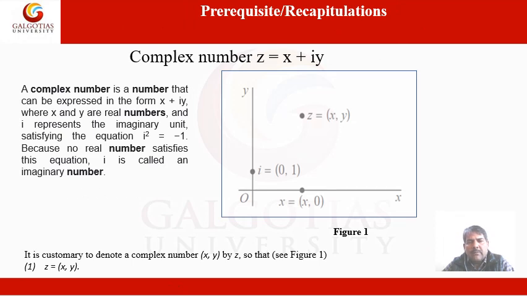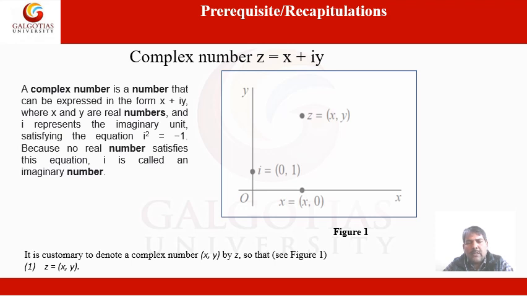A complex number is written as z equal to x plus iy. A complex number is a number that can be represented in the form x plus iy, where x and y are real numbers and i represents the imaginary unit, satisfying the equation i squared is equal to -1.